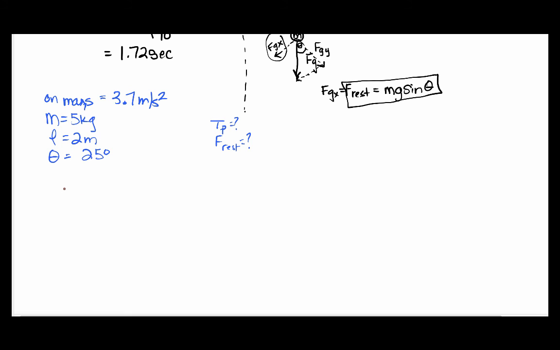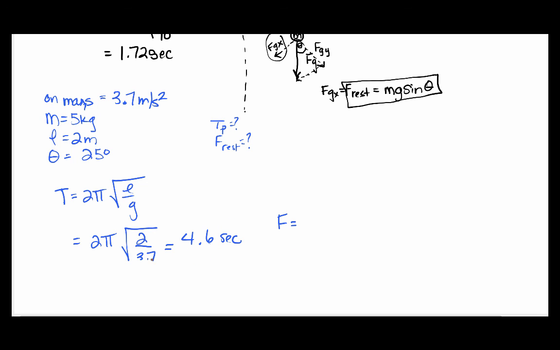Okay, so hopefully you were able to answer this. T is equal to 2 pi square roots of L over G. And so that's going to be 2 pi square roots of 2 over 3.7. And that's going to give you a period of 4.6 seconds.